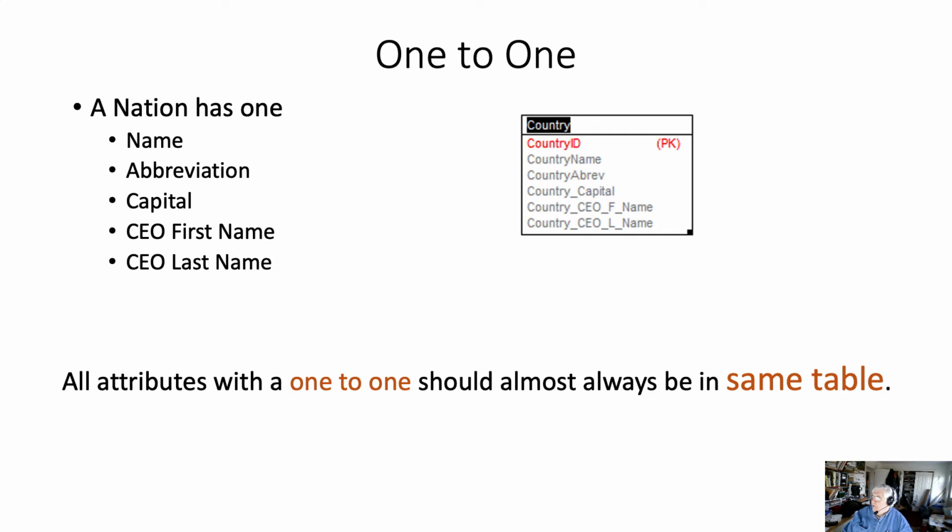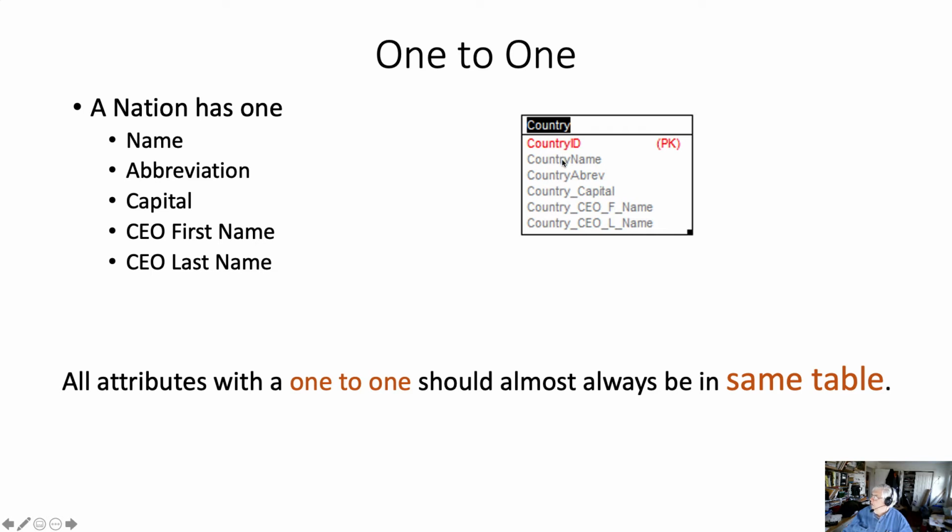All attributes with a one-to-one relationship should almost always be in the same table. There's mathematical logic that says if every country ID has one and only one country name, and every country ID has one and only one country abbreviation, then these are one-to-one, so every country name must have only one country abbreviation, and so forth.